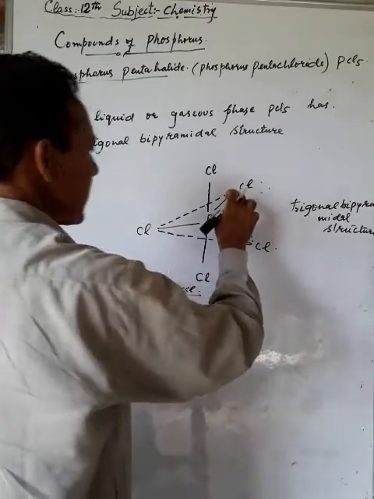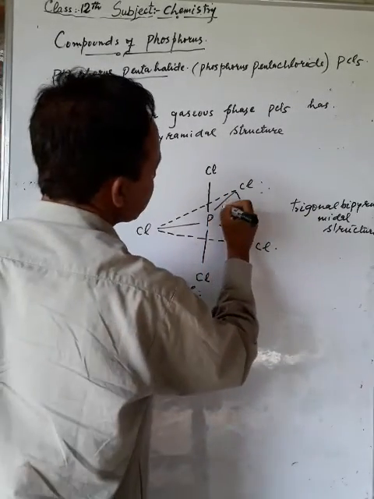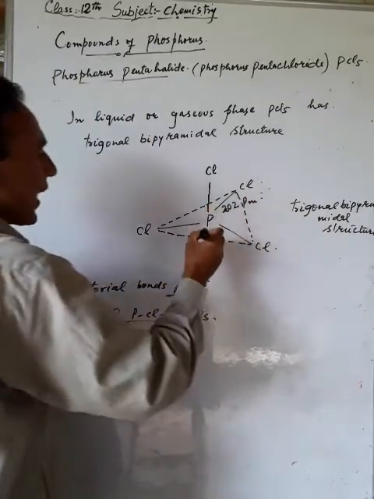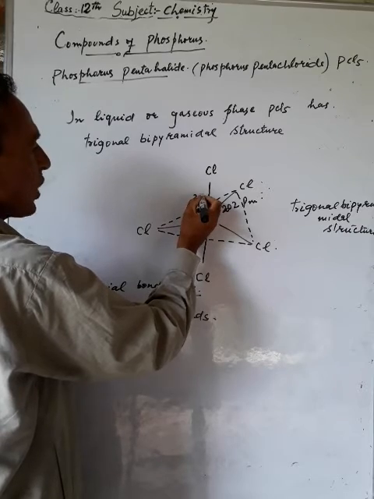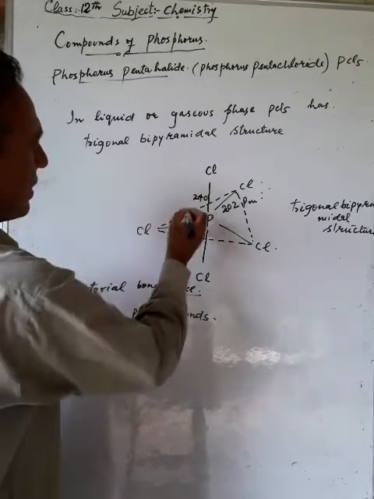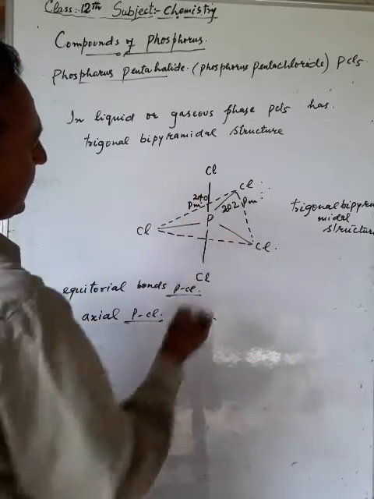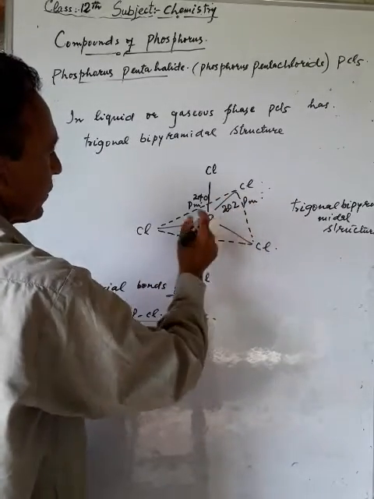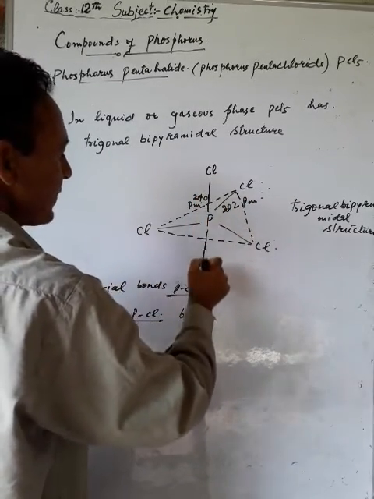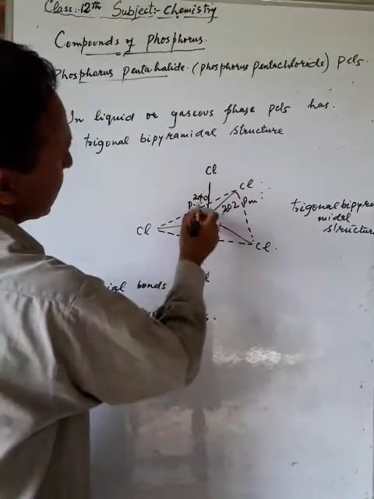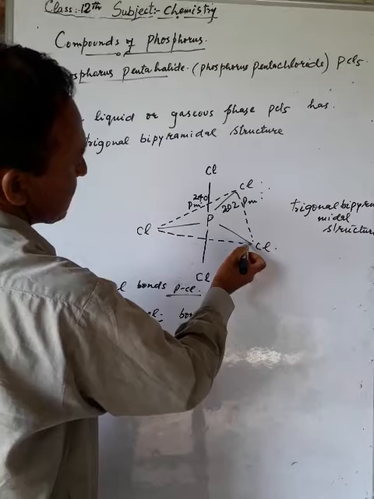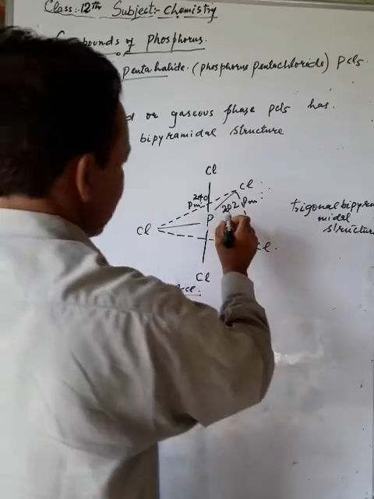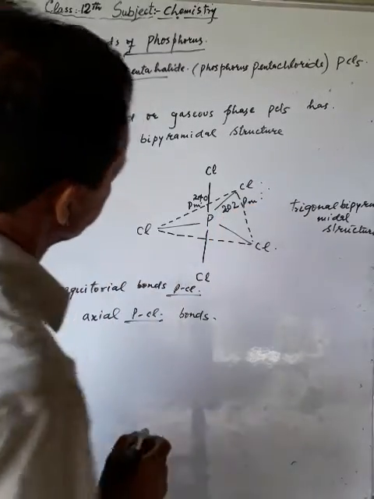These three equatorial bonds are equivalent and they have a bond length of 202 pm, whereas the axial bonds are equal and their bond length is longer than that of the equatorial bonds, 250 pm.